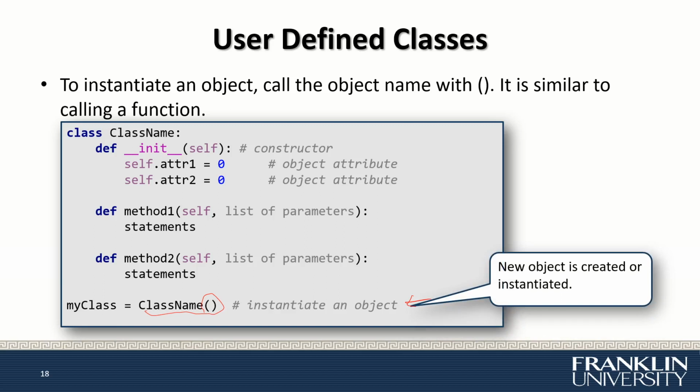When I create this object, you can think of my class, from the previous discussion, as a container. This container contains two properties, adder1 and adder2. This container contains two methods, method 1 and method 2.